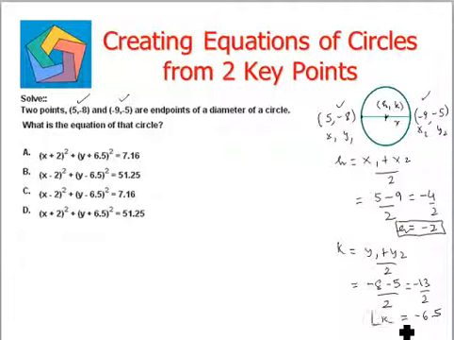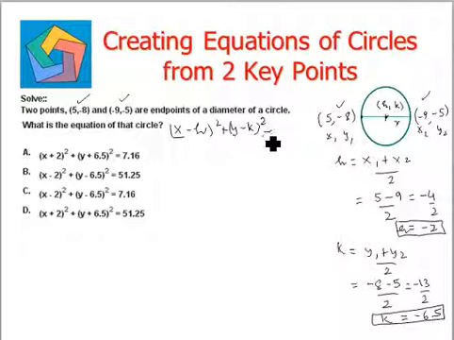Now we have the coordinates of the center, so we'll be using our (x - h)² + (y - k)² = r². So we have h equals -2, k equals -6.5. Now what we need to find out is r.